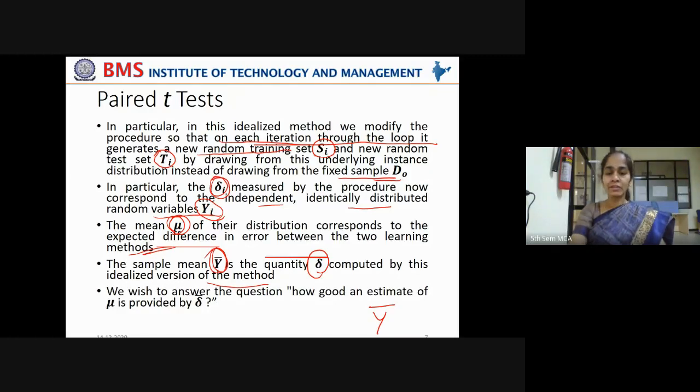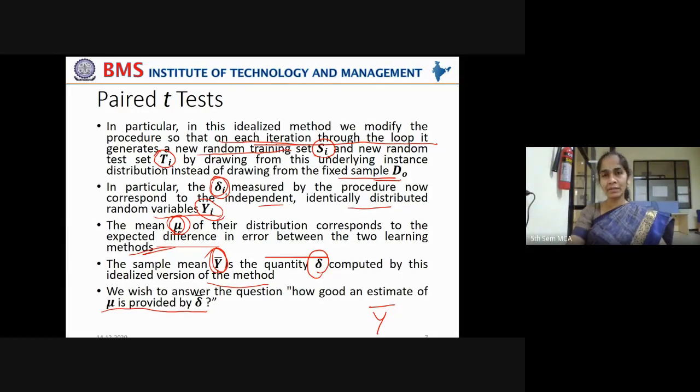Now, we wish to answer the question: how good an estimate of mu is provided by delta bar? It means whether the normal distribution's mu is the same as the mean of errors found across different experiments on the new sample between the two learning algorithms.